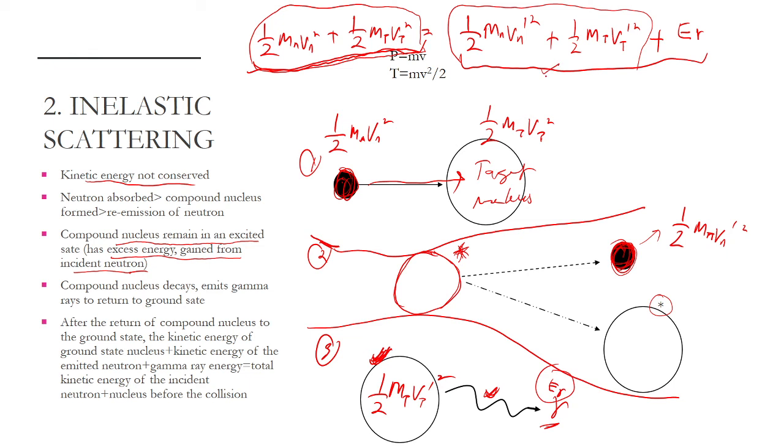The right equation and the left equation are unbalanced because of the energy of the emitted gamma ray. So what we can say here is that part of the kinetic energy before the collision changed to the gamma ray energy. So in conclusion, we say that kinetic energy is not conserved.